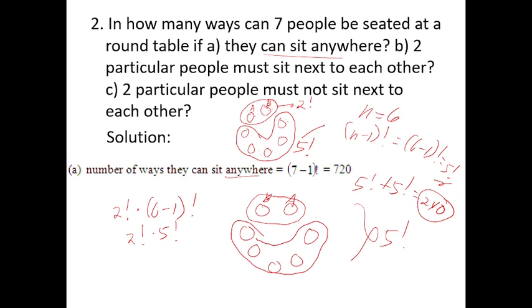Dahil pwedeng magbaliktad yung dalawa eh. Meron kang 120 na pattern dito na kung saan ito si A, ito si B. Another 120 na arrangement, I mean, para dito, nandito si B, nandito si A. So, I hope you get it.